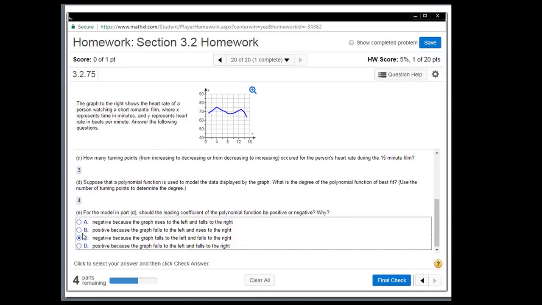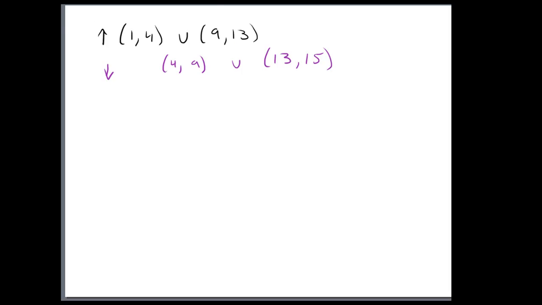Should the leading coefficient of the polynomial function be positive or negative? Why? Well, I've selected negative because the terminology here is that it falls, and I've been trying to avoid saying it like this, but it creates this kind of downward slope. If you imagine someone standing up here, this falls off to the left, and then it falls off if you move to the right.